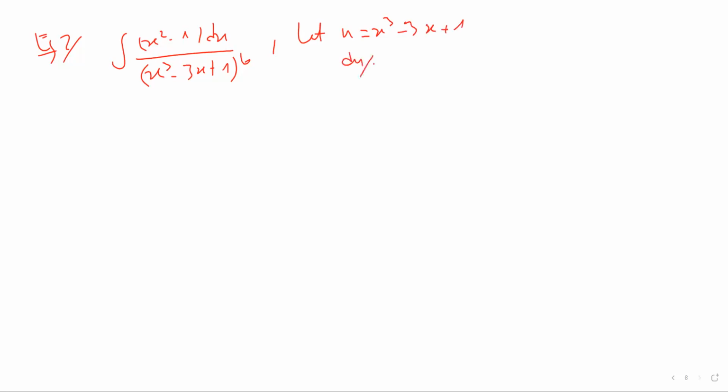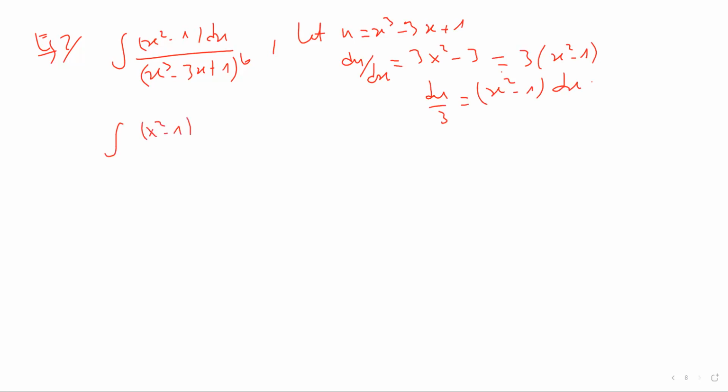Then du dx will be 3x squared minus 3, and this will be the same as 3 times x squared minus 1. So du over 3 is equal to x squared minus 1 dx. Then we can go and substitute.